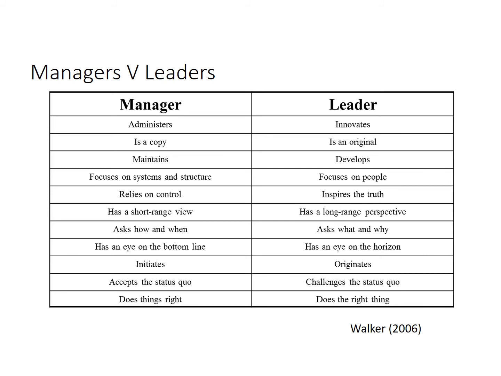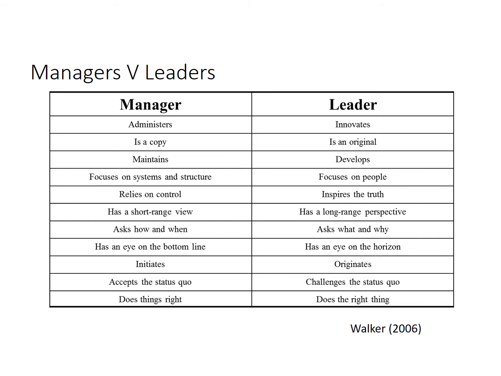So a manager administers, is a copy, maintains, focuses on the system and structure, relies on control, has a short-term view, asks how and when, has an eye on the bottom line, initiates, accepts the status quo, and does things right. Whereas the leader, according to Walker 2006, innovates, is an original.